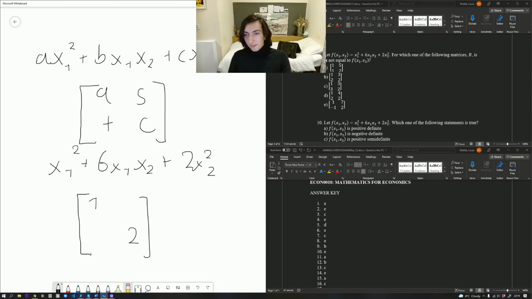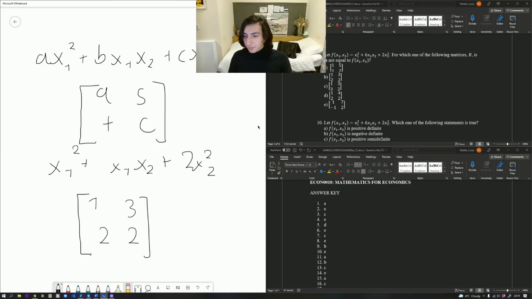We also need to know that the other diagonal has to add up to 6. So this diagonal can be anything that adds up to 6. Let's check through. 5 plus 1 adds up to 6, very good. 3 plus 2, that does not add up to 6, does it? No, it does not. So this one is not correct because it would give you something like 5 instead of 6.